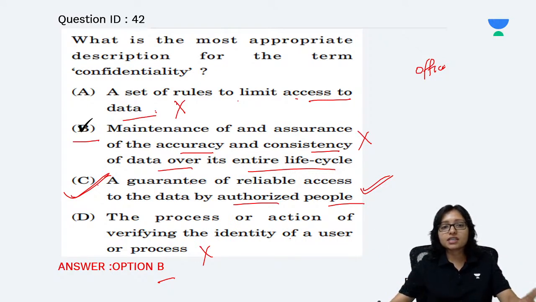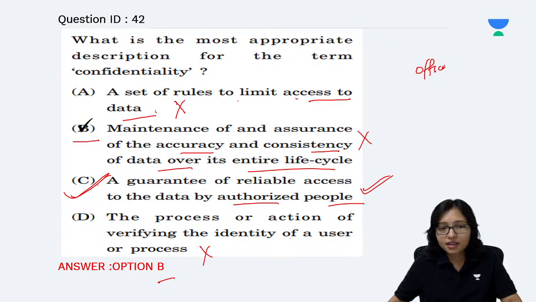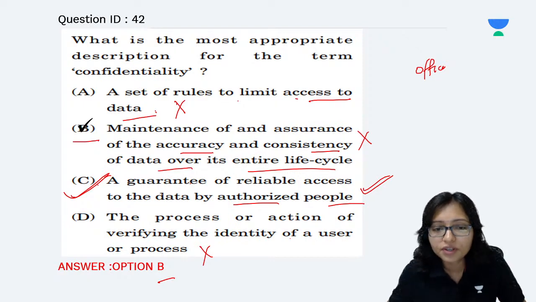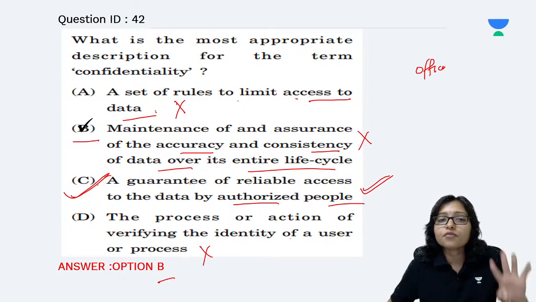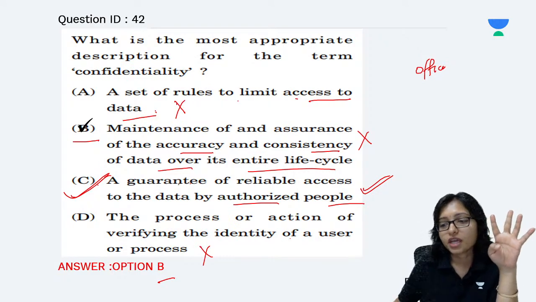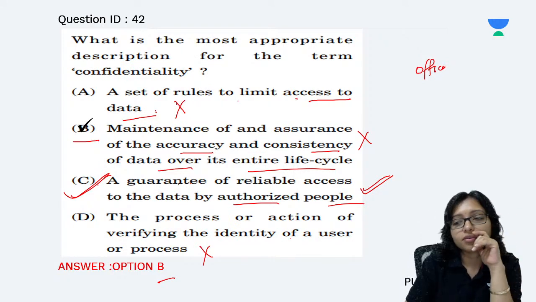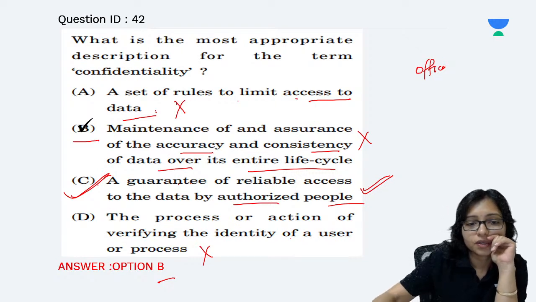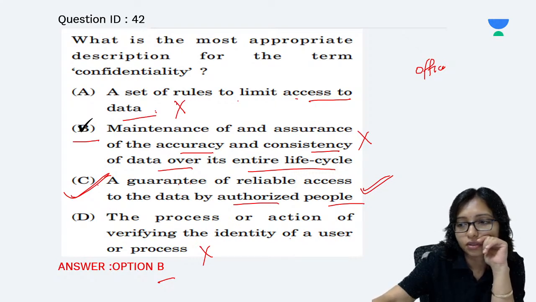So this is confidentiality. There are 4 options, right? Out of that, confidentiality will be the answer, I hope so, as per me.